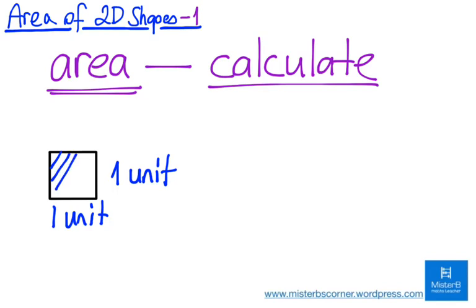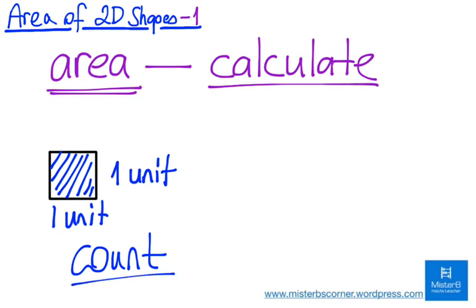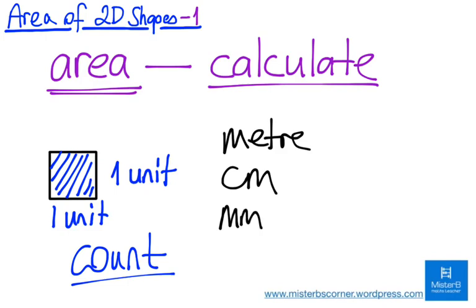This is what we are going to count in a given area. Generally speaking, these are the units that we use in the metric system, like meters, and then we have centimeters, we have millimeters, or if we go up, we have kilometers.